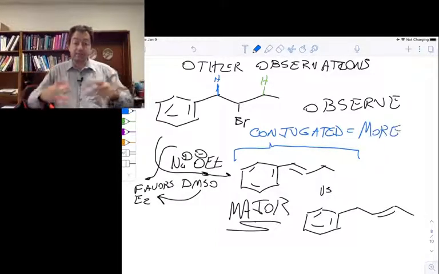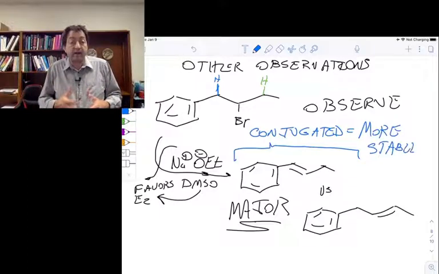So putting that double bond in what we call conjugation with that aromatic ring makes the whole system more stable.